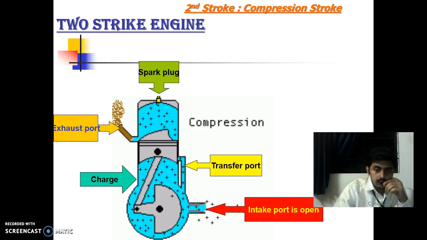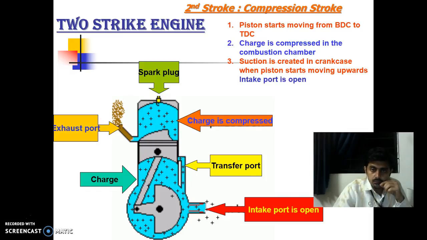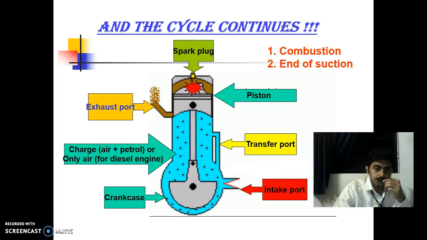Similarly, simultaneously, as the piston moves from BDC to TDC, the compression takes place, ignition takes place at the end of the stroke, the working stroke continues, and the cycle continues.